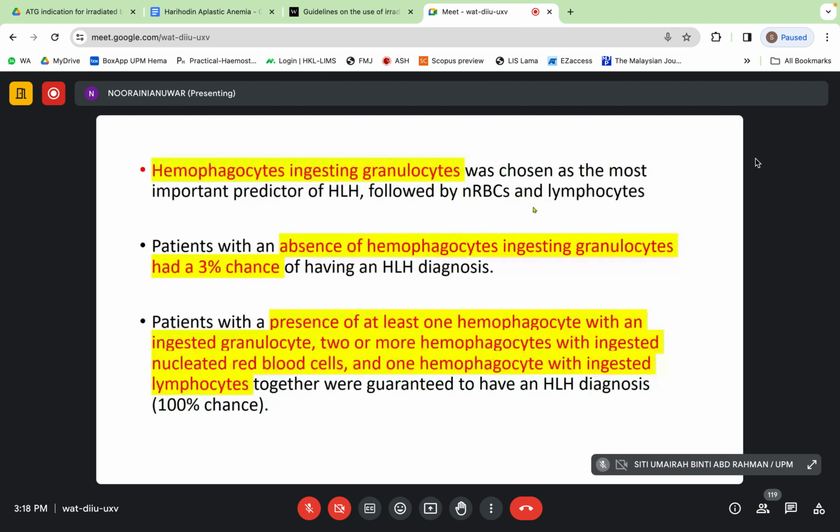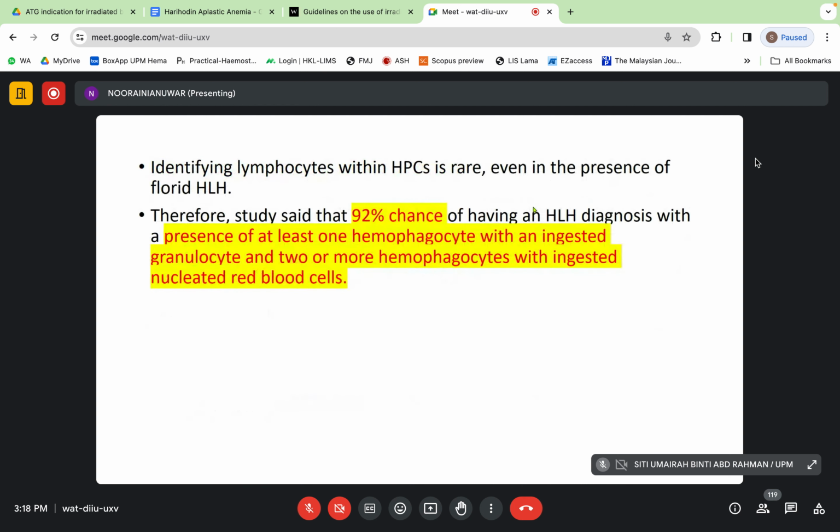Usually, patients with absence of hemophagocyte ingesting granulocyte had a 3% chance of having an HLH diagnosis, compared with the presence of at least one hemophagocyte with an ingested granulocyte, two or more hemophagocytes with ingested NRBC, and one hemophagocyte with ingested lymphocyte, which can guarantee that this patient has a 100% chance of HLH diagnosis.